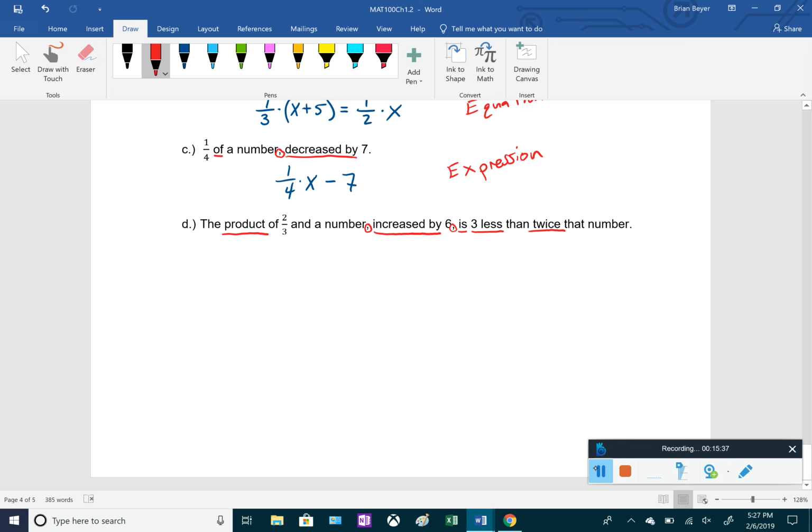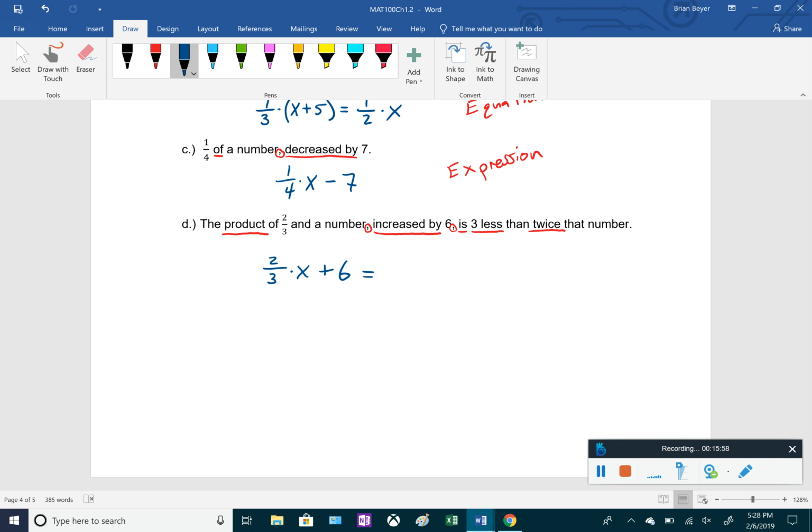Okay. So we have the product of 2/3 and a number. 2/3 times a number, so comma, so no parentheses here, and then increased by 6, so plus 6, is equal to 3 less than twice the number.